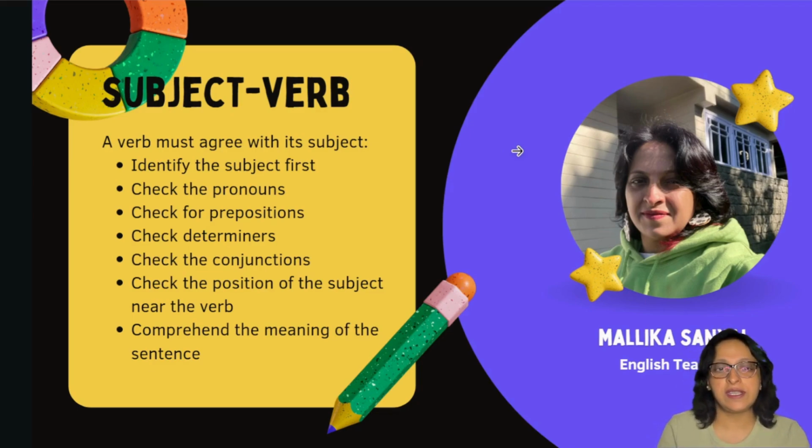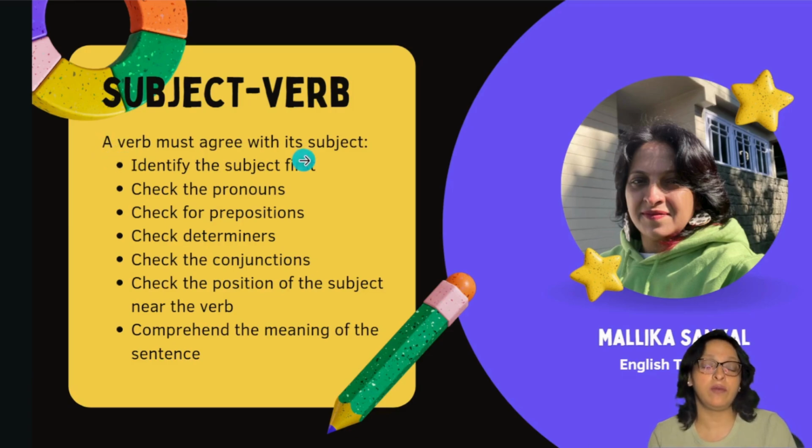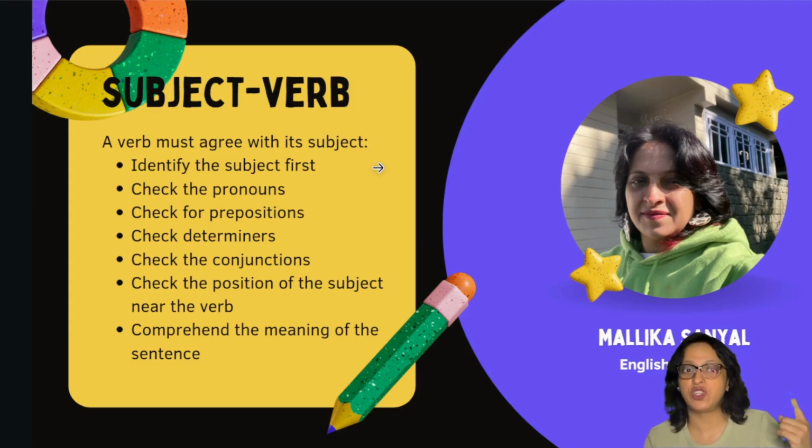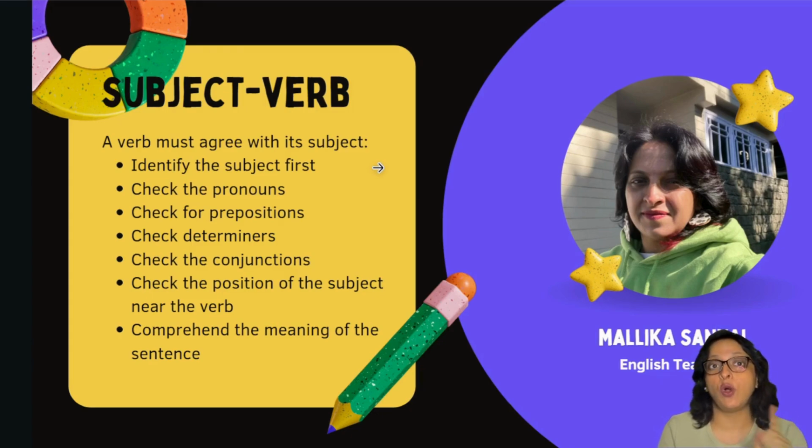If you see in this particular slide which I'm showing, the verb must agree with its subject. But how do we ensure that? For that, first we have to identify the subject. Then we also have to check the pronouns in the sentence.